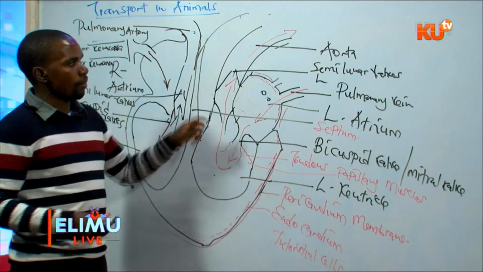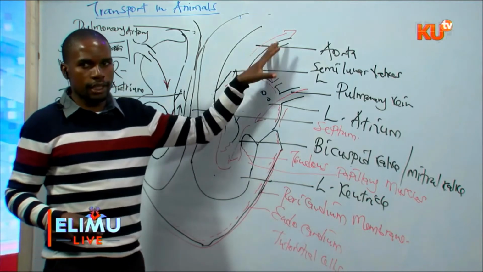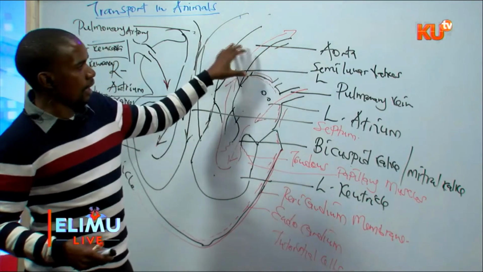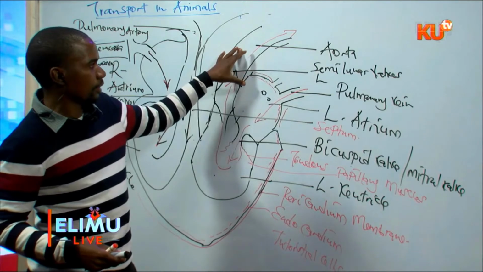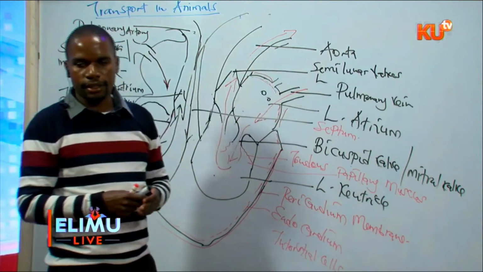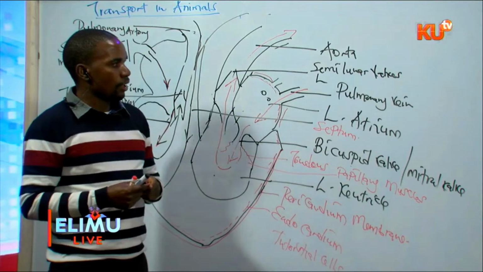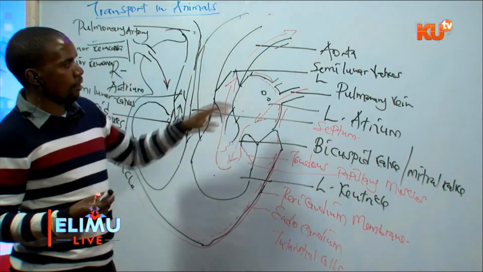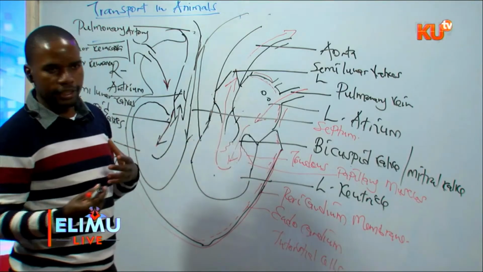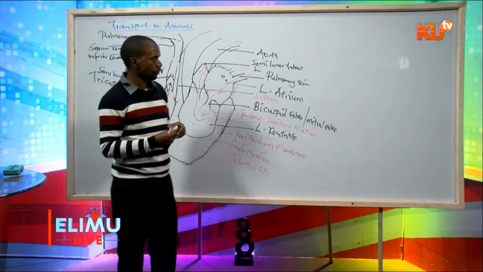Now we are talking about the aorta, and we have said that this is the largest artery in the heart. The aorta branches into several arteries because it is supplying blood into different organs within the body.